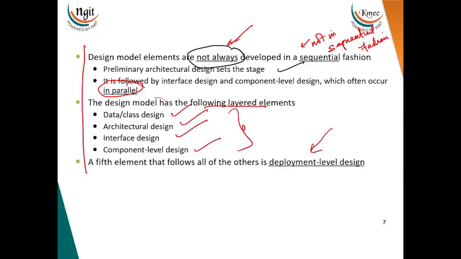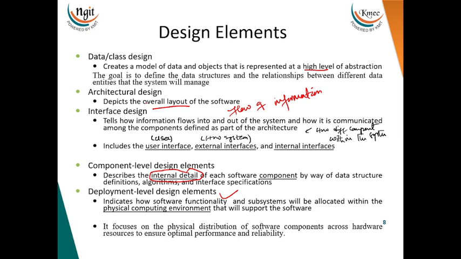Now, the data class diagram, as I said, runs here. The data class diagram creates a model object that represents the high level abstraction. The goal is to define the data structure, meaning which language you are going to use, what relationships are there, and what the different entities are. Then the architecture describes the overall layout.